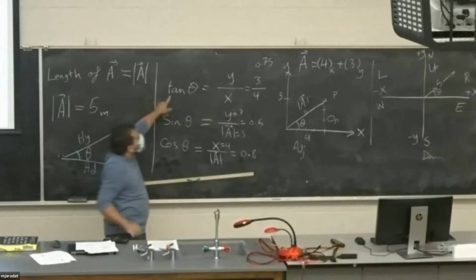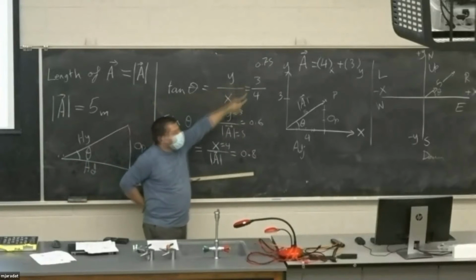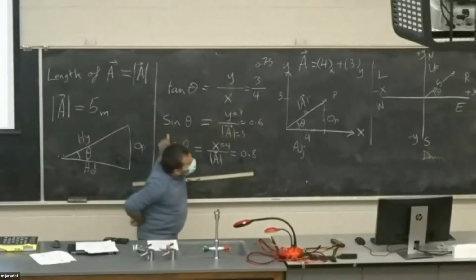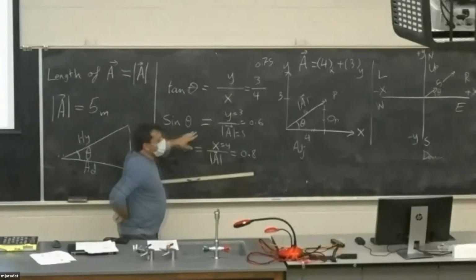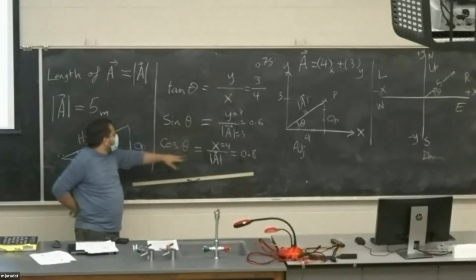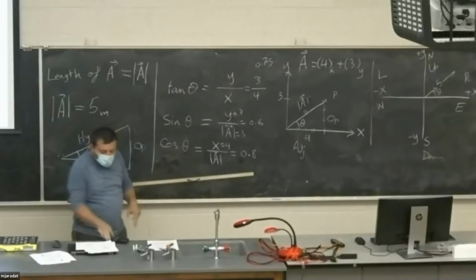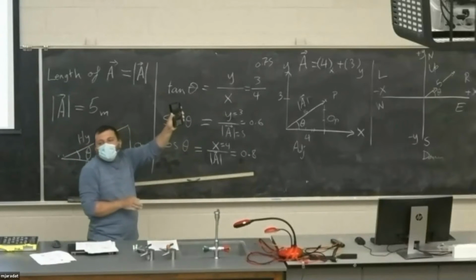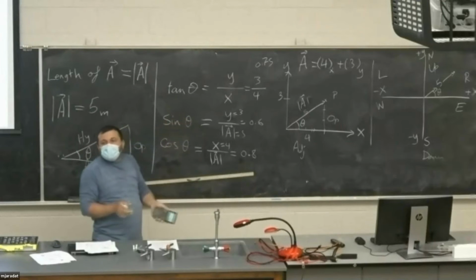Now we have tan theta 0.75, sin theta 0.6, and cosine theta 0.8. I will find out theta. In the three cases, theta is the same.